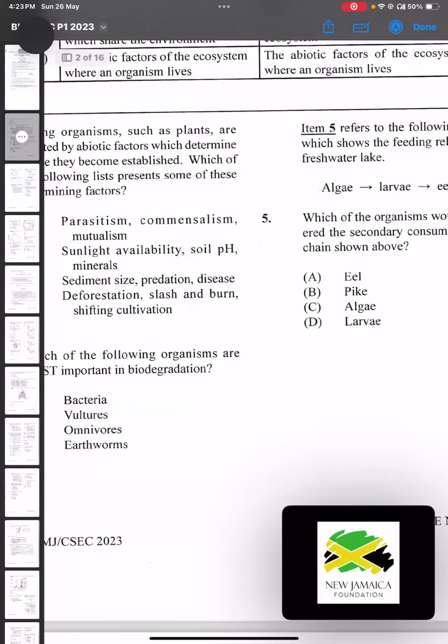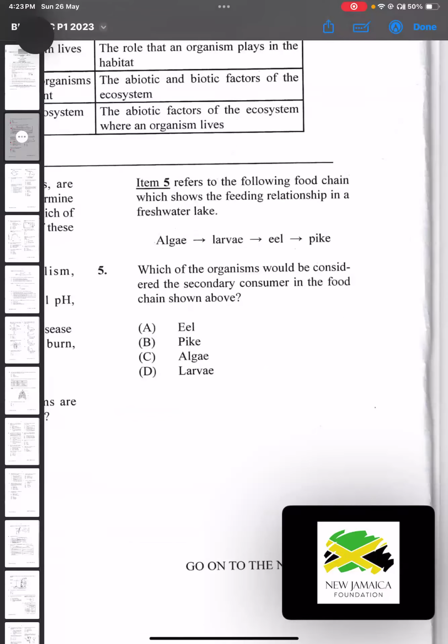And for item 5, it is asking you to look at the following food chain, and you are supposed to identify the organism that would be considered a secondary consumer. Which one of these organisms would be a secondary consumer in this case?